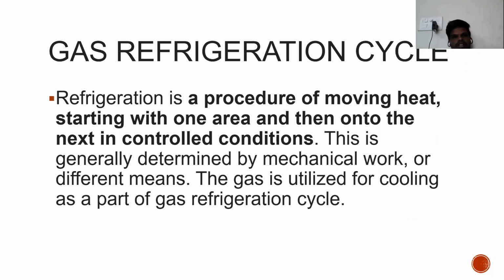The topic is about the gas refrigeration cycle, and I will tell the refrigeration definition. Refrigeration is a procedure of moving heat starting from one area to the next in a controlled condition. This is generally driven by mechanical work or different means, and the gas is utilized for cooling.